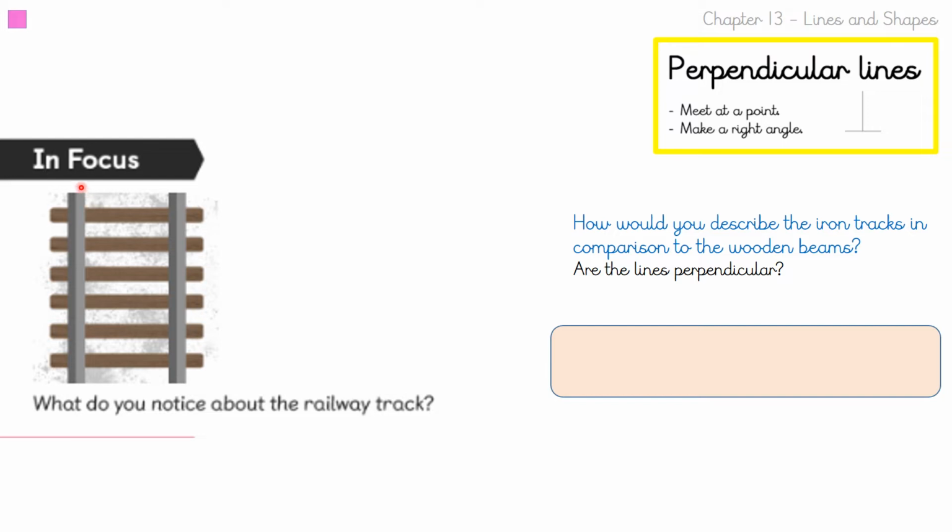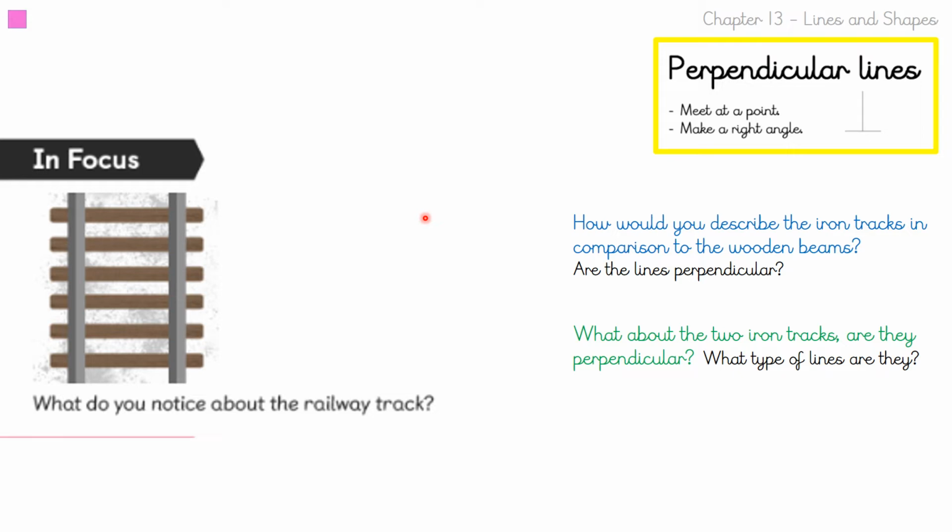So this iron track is perpendicular to this wooden beam because it makes a right angle. And it happens the same in every single one of them, both sides, both iron tracks. Okay? So remember, if we are looking for perpendicular lines, we need to look for right angles. And then we could say that the lines that make the right angle are called perpendicular lines.